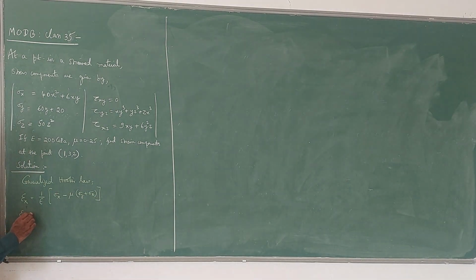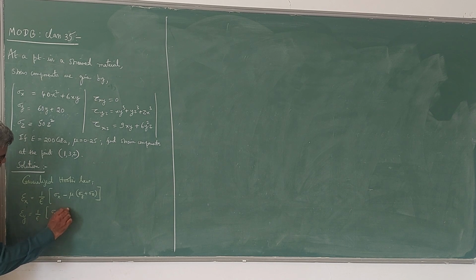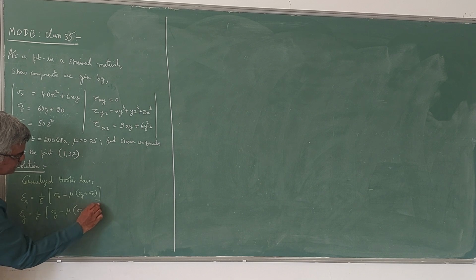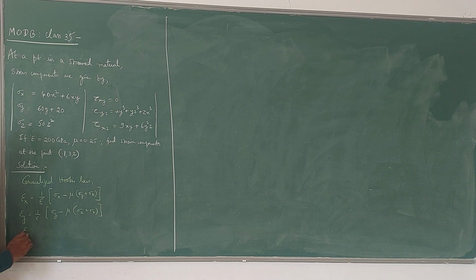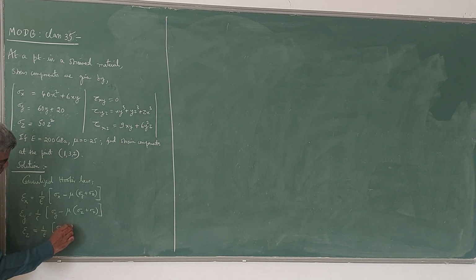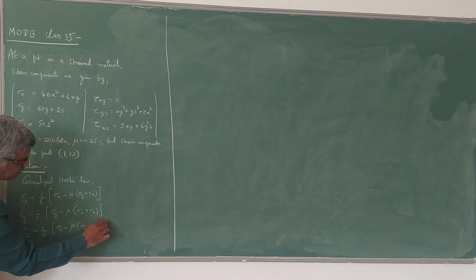Epsilon y is 1 by E into sigma y minus mu times sigma z plus sigma x. Epsilon z is 1 by E into sigma z minus mu times sigma x plus sigma y.